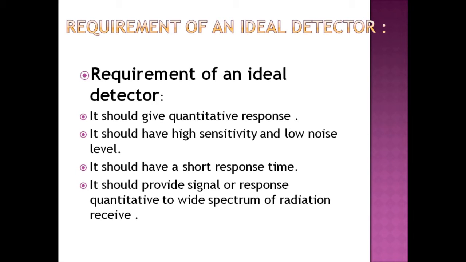First is the detector. The requirements of an ideal detector are: it should give a quantitative response, it should have high sensitivity and low noise level, it should have a short response time, and it should provide a signal or response quantitative to a wide spectrum of radiation received. These are the requirements of an ideal detector.